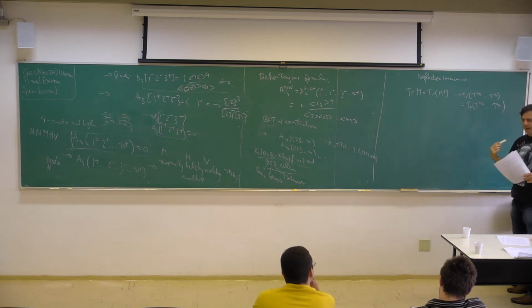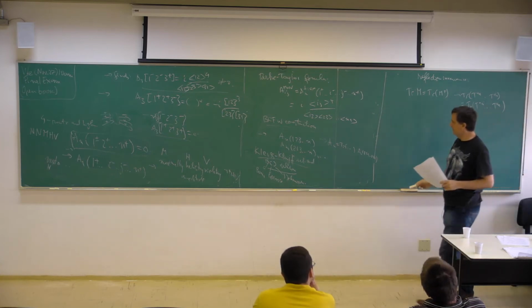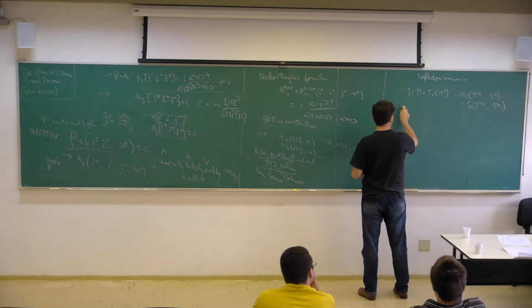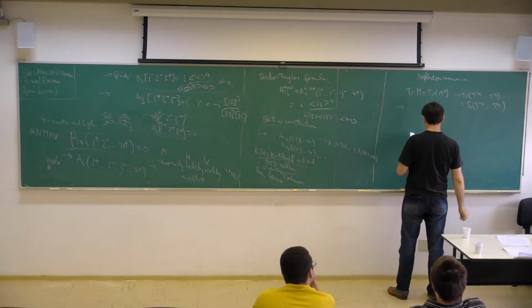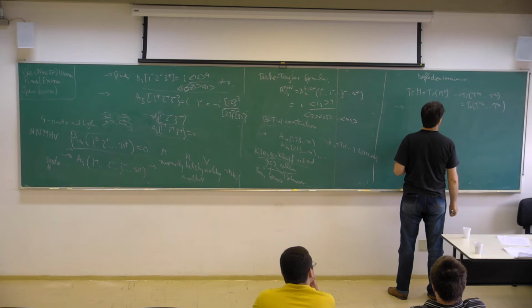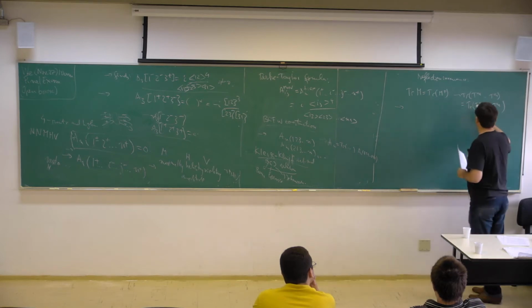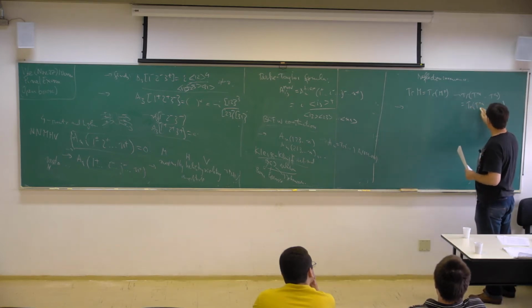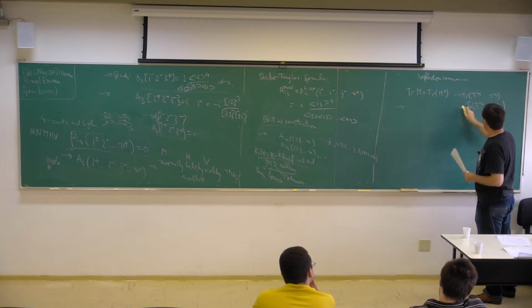But this multiplies a color-ordered amplitude. Oh, sorry, it's not self-adjoint. It's with a minus, but then that means I get a minus 1 to the n.